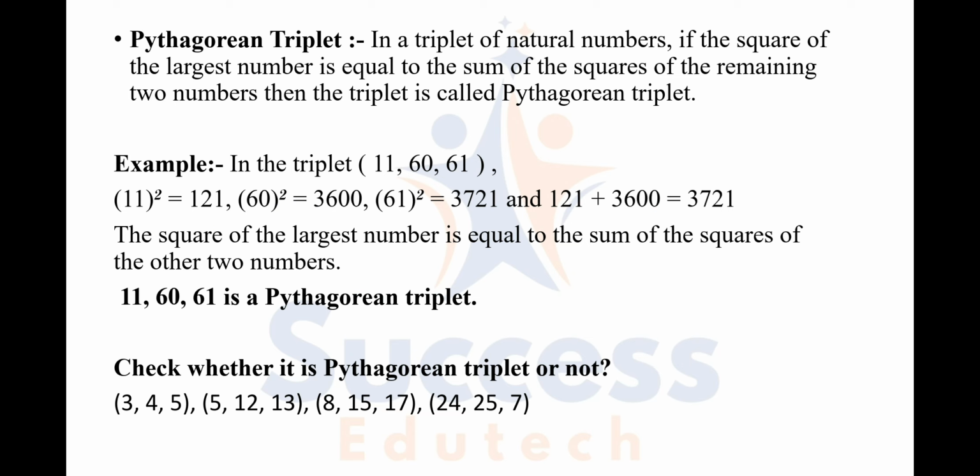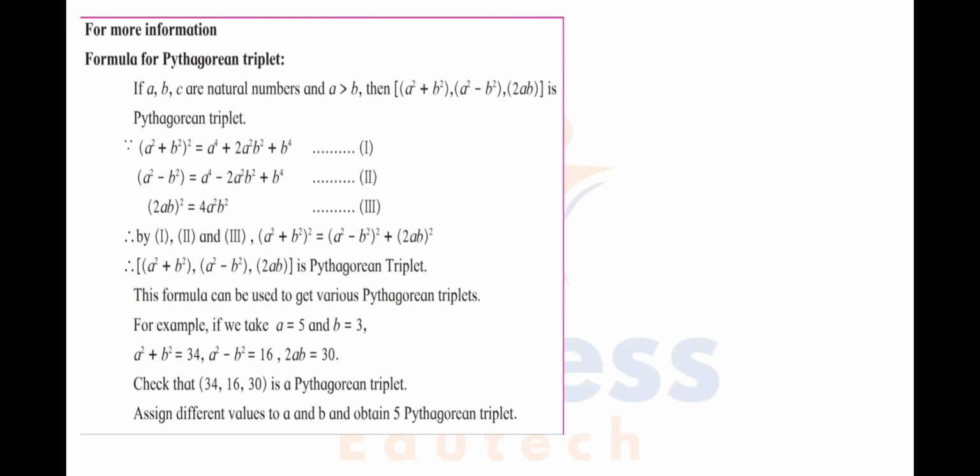Now check how to make a combination of numbers of a Pythagorean triplet. This is a formula for Pythagorean triplets.